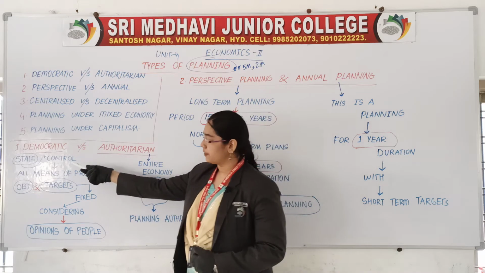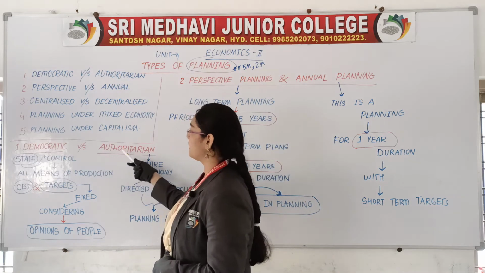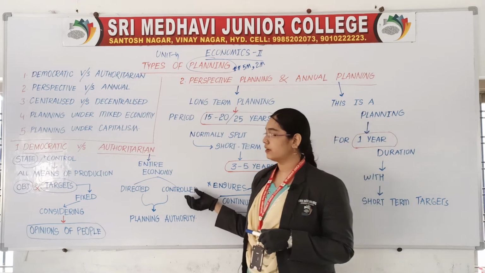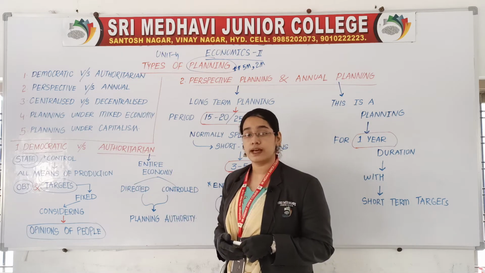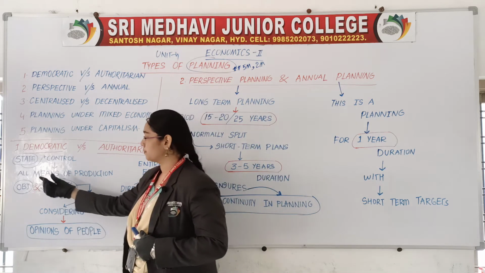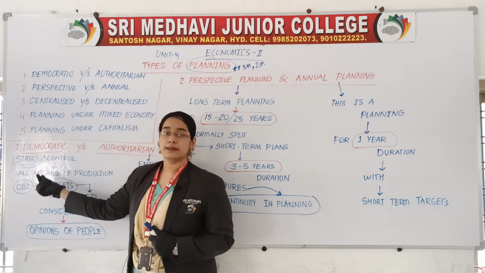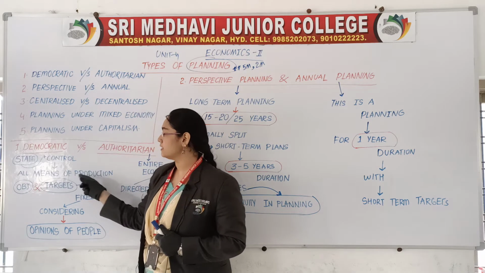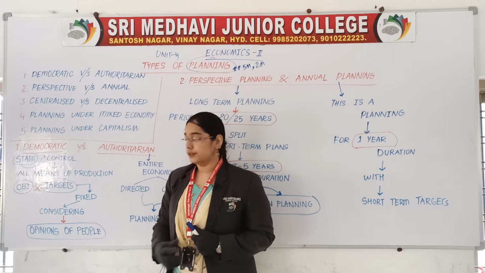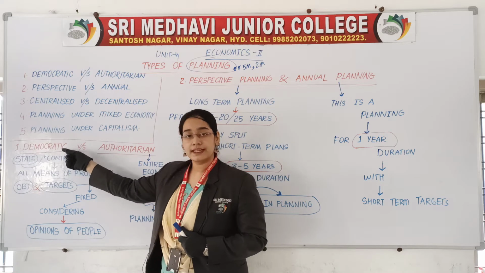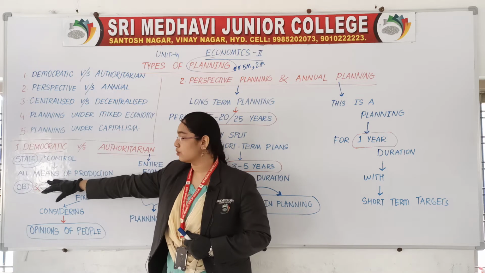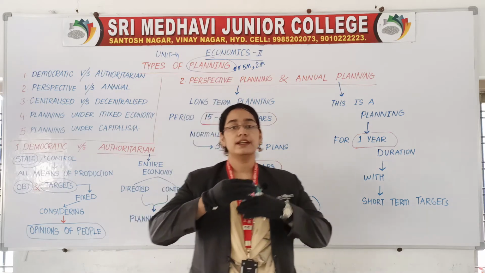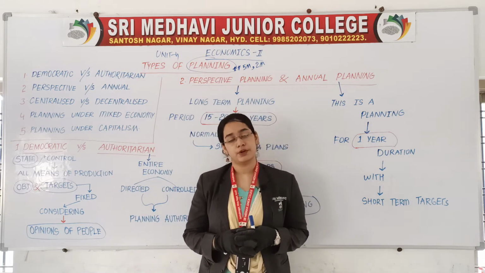Let us see the first one, democratic planning and authoritarian planning. Very important. It can be asked as a 2 marks question. Under democratic planning, the state will control all means of production, like whatever the stages are there in production.